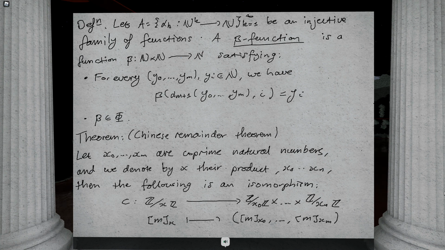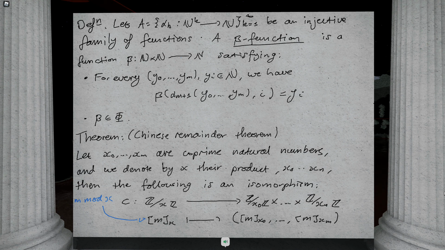The brackets stand for the equivalence class, so this is m mod x, for instance. Okay, that's an isomorphism.